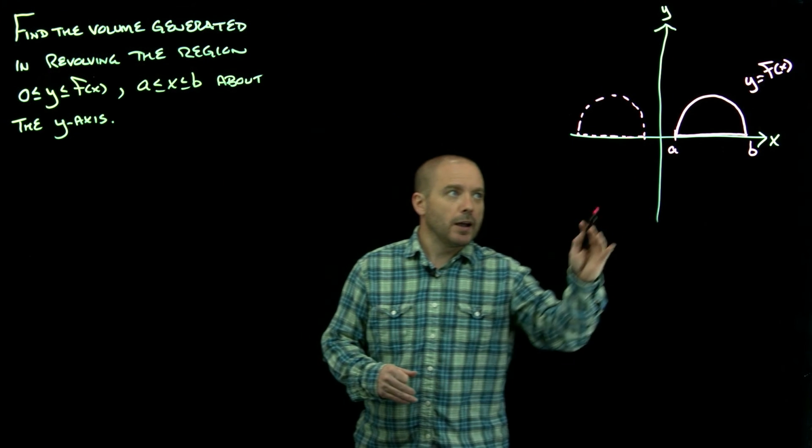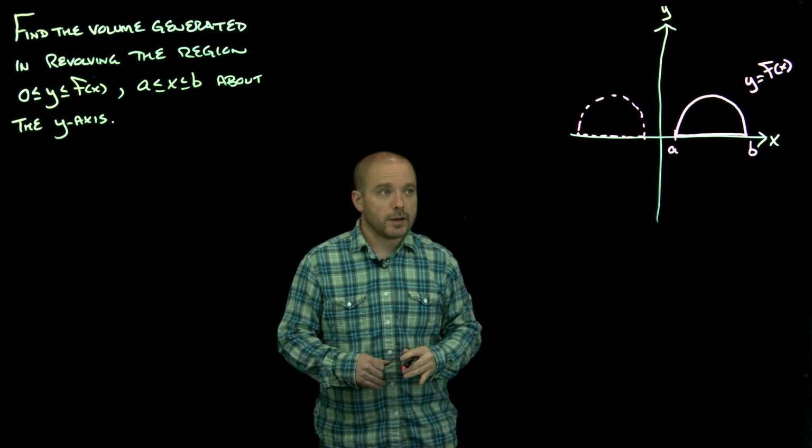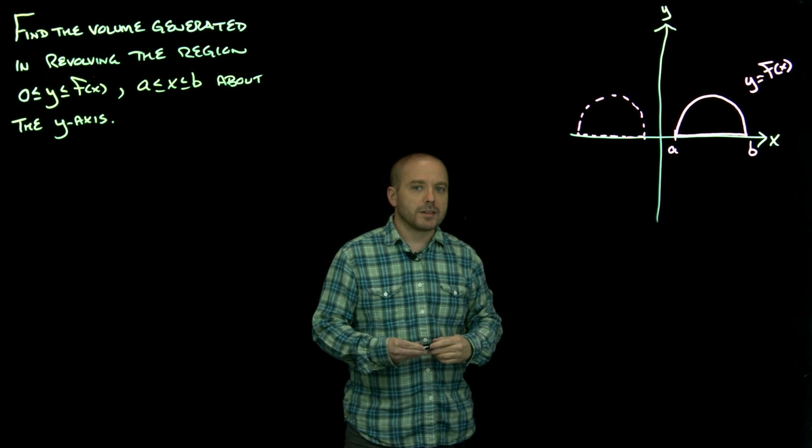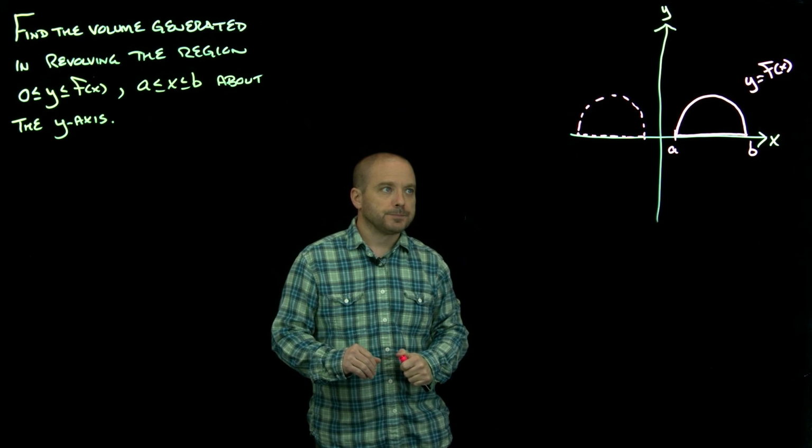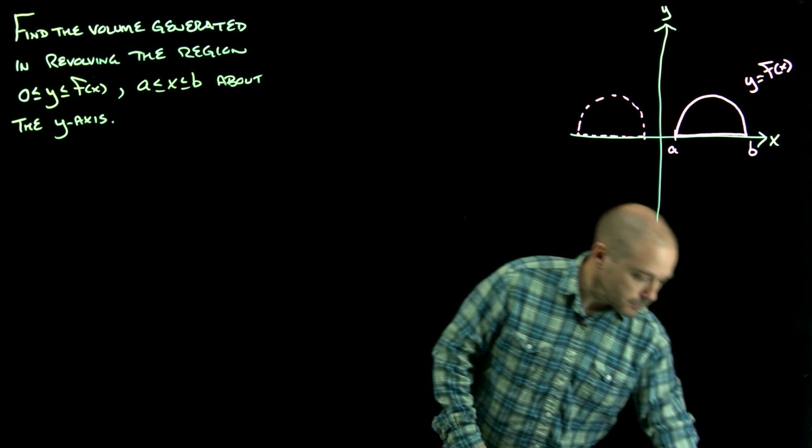So we want to have a way of just dealing with the function the way it's given. And so we're going to slice it in a different way. We're not going to use cross-sectional slices. So here's the idea.